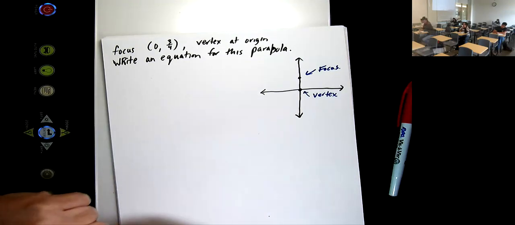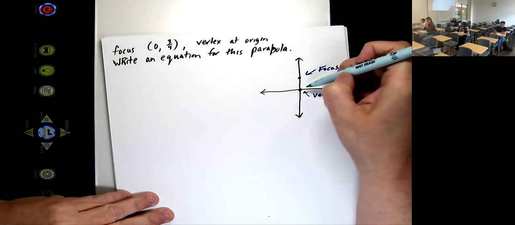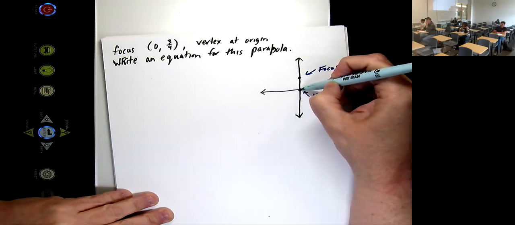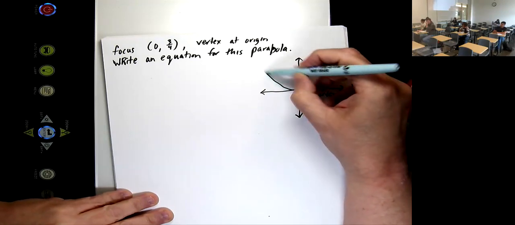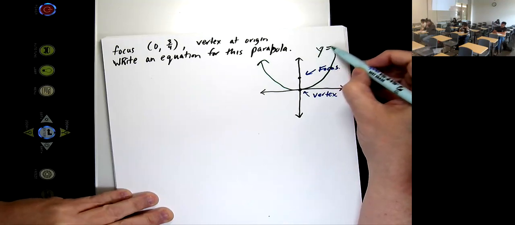That's what this problem is telling me. Well, we know when we have the focus, the parabola kind of surrounds it. So we're going to have something like this. Which means this is in the y equals x squared kind of thing.